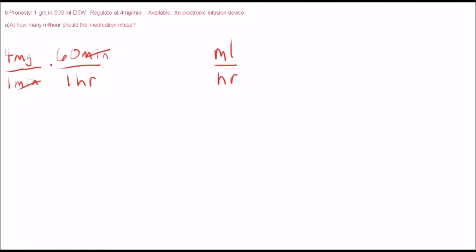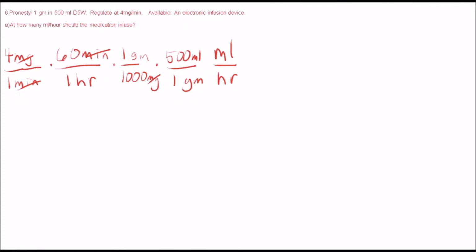Well, we have here 1 gram in 500 milliliters. So we first need to convert milligrams to grams. So do that. There's 1 gram in 1,000 milligrams. So now these cancel. So now we're in grams per hour. So we're going to multiply that now times 500 milliliters per 1 gram.